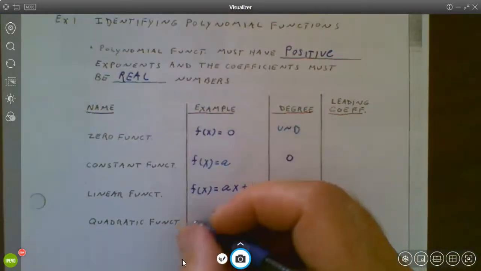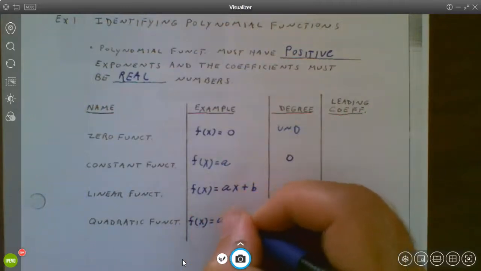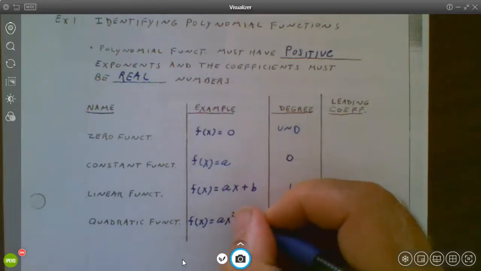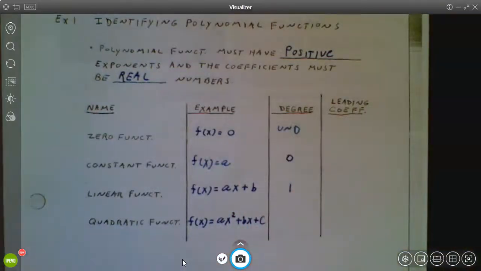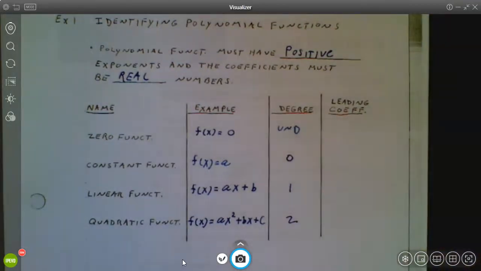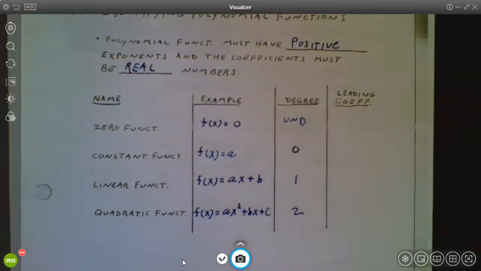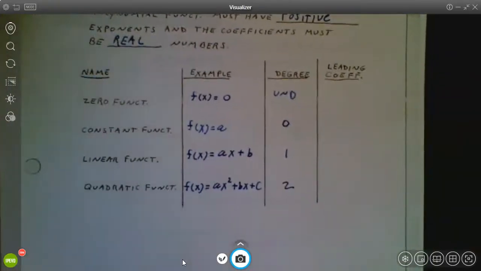And then your quadratics, the general form on these guys that you guys already know, ax squared plus bx plus c is our general form for the quadratic. Highest exponent's a 2, so we call it a degree of 2. And of course the list continues with higher and higher degree functions, but we're going to pause on that one right now and jump to the next page.